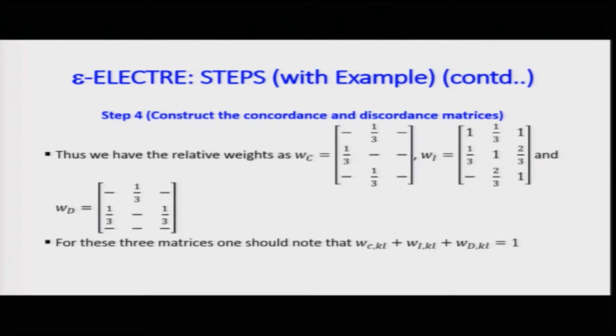Now, consider the weights are given. We consider different weights for the concordant set, different weights for the indifferent set and different weights for the discordant set. I will assign 1/3, 1/3, 1/3 for concordance.